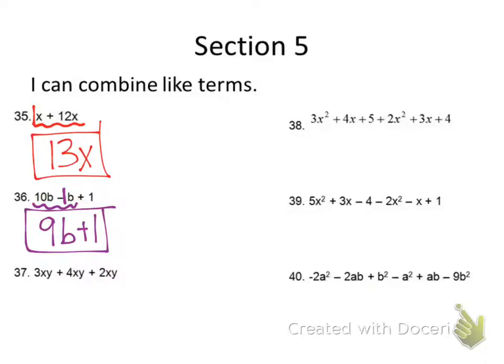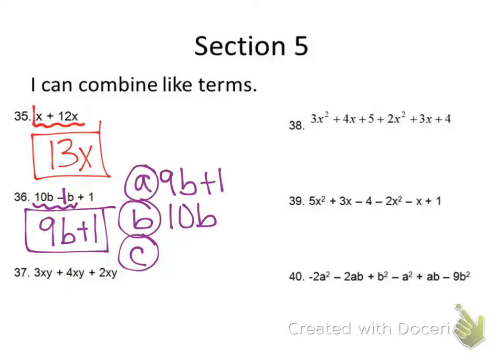Now, we're going through all these things to prepare for the final. So I am going to give you a little hint on the final. Your final is multiple choice. Now, I pride myself on being an expert at making up really, really convincing wrong answers. Okay? So, number 36, for example. Maybe that's one of your options. Maybe another option is 10b.